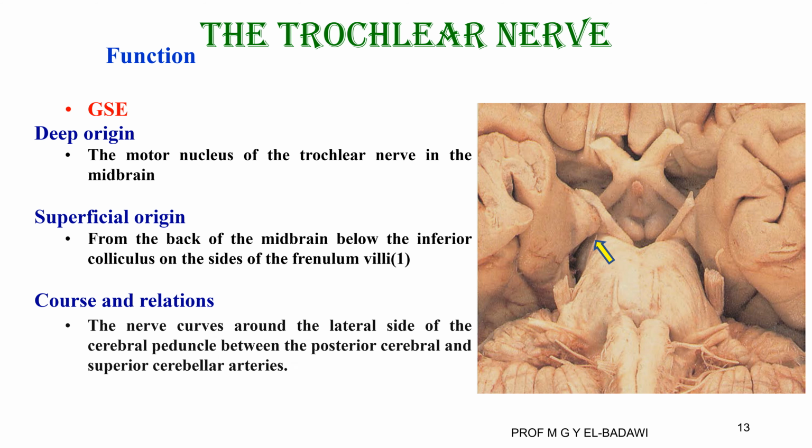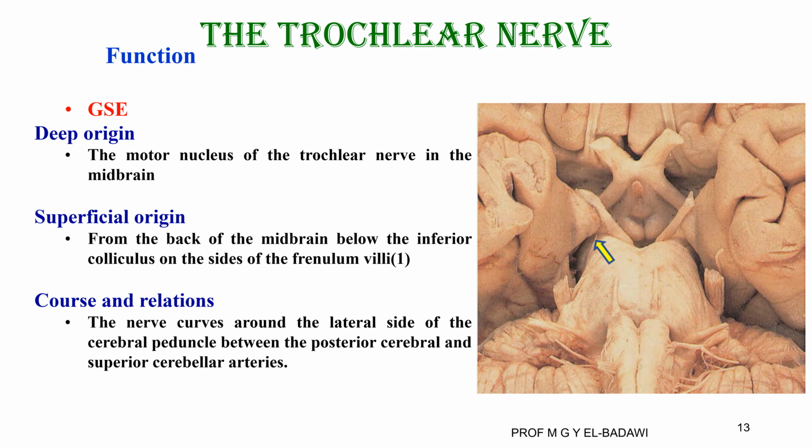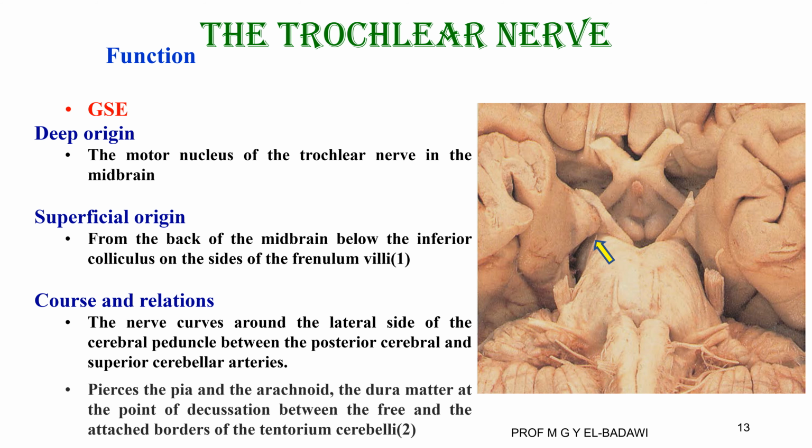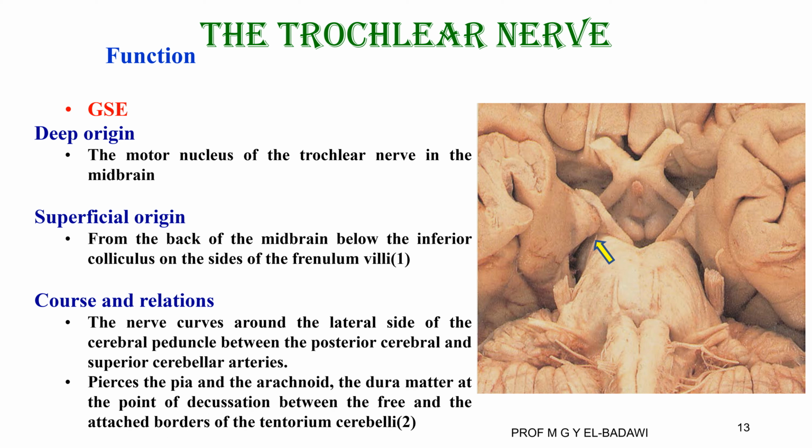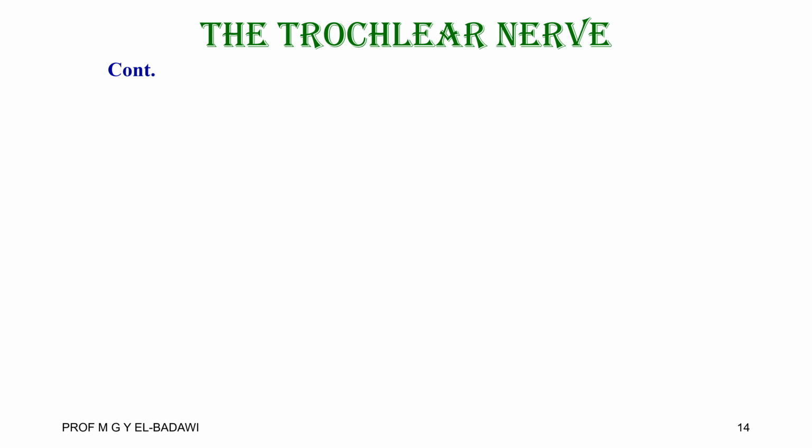Because the nerve will curve around the lateral side of the cerebral peduncle between the posterior cerebral and the superior cerebellar, like that of the oculomotor, it pierces the pia, arachnoid, and dura exactly at the point of decussation between the free and the attached border of the tentorium.